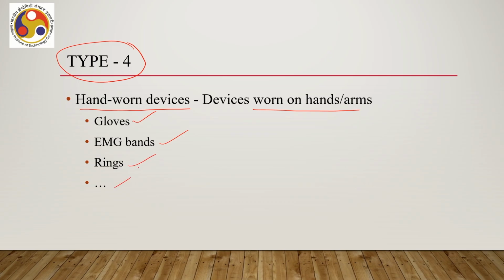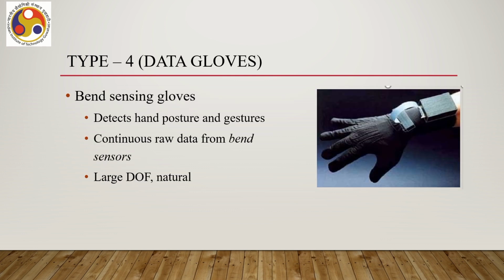So, these are all worn on the hand or arm or maybe finger. Now, among them, data gloves are the more popular device. There can be two types of data gloves. One is bend sensing gloves, shown here in the accompanying figure.